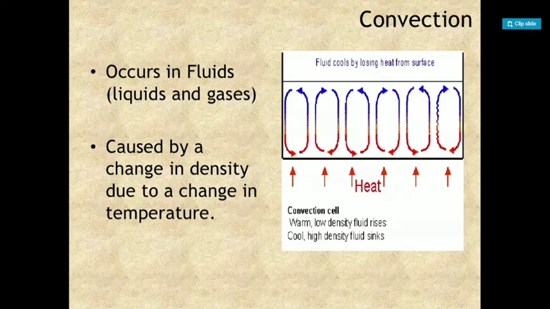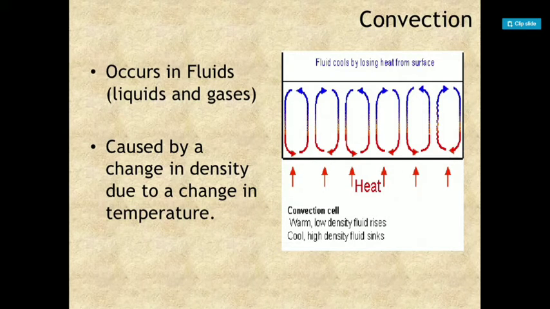This heat transfer mostly occurs in fluids like liquids and gases. It is caused by a change in density due to a change in temperature. So we have here the image. The fluid cools by losing heat from the surface.